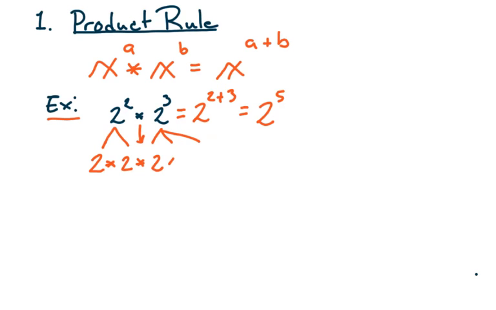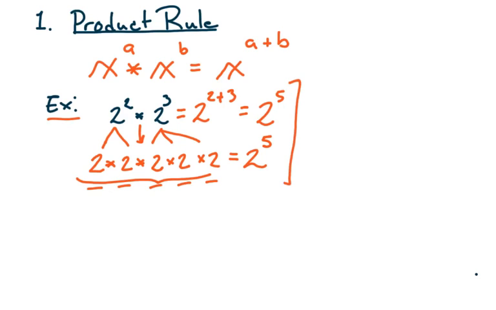So this is 2 times 2 times 2. Okay. Now if we wanted to write this in shorthand, using exponents, we would write this as 2 to the 1, 2, 3, 4, 5, or 2 to the 5th. Okay? So our rule here makes intuitive sense.